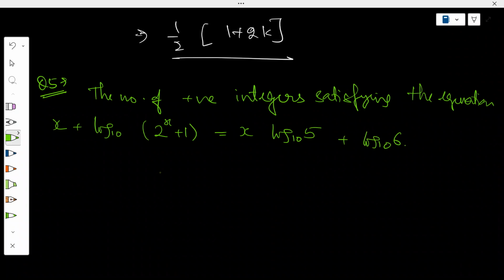So you have to find out the number of the integers, positive integers, that satisfies this equation.